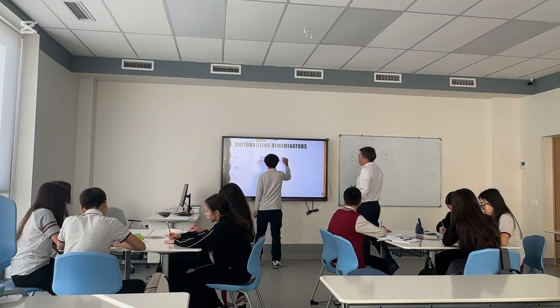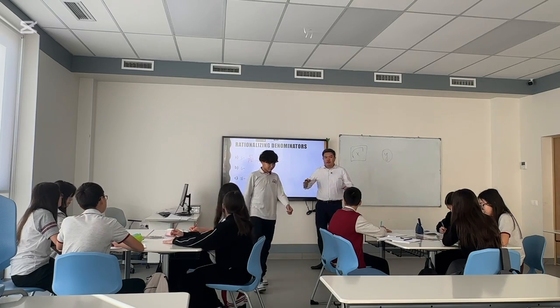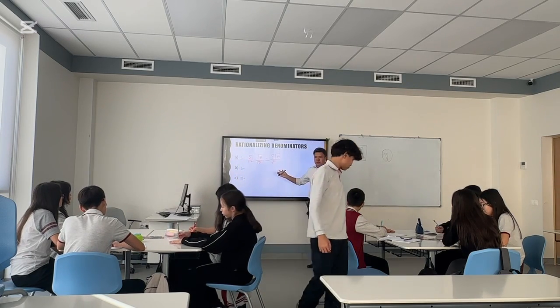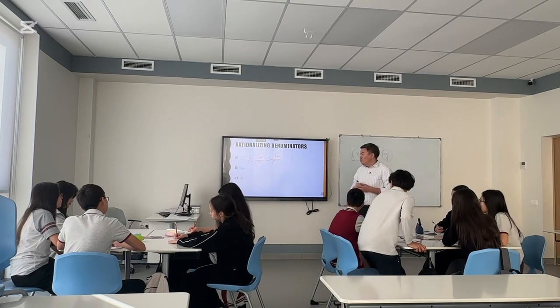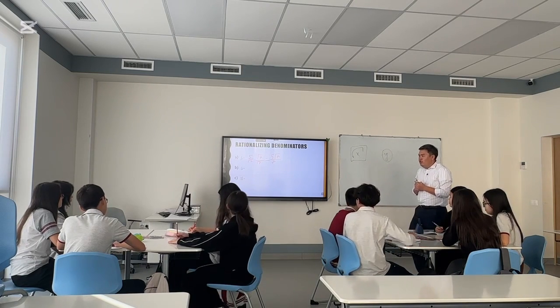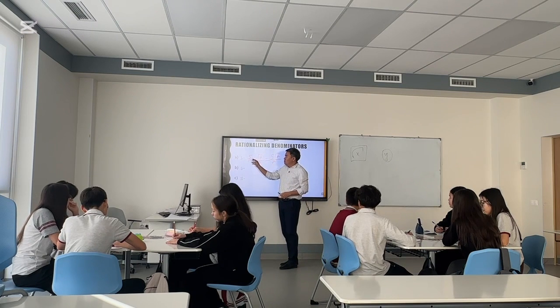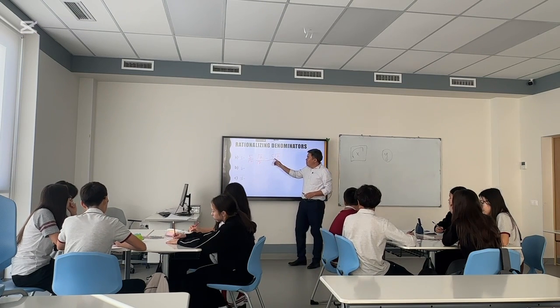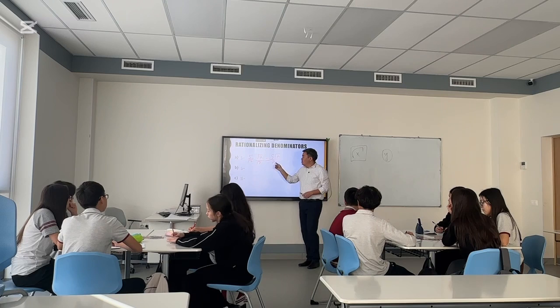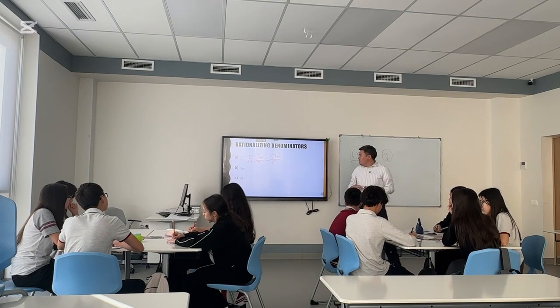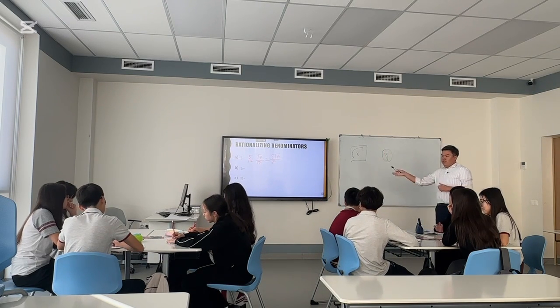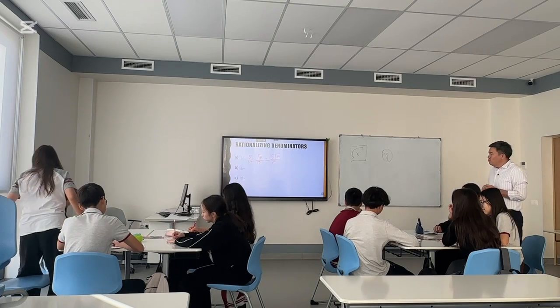Okay, great. Others, do you have questions? Yes, here we multiplied it by root 7 to rationalize the denominator, and he got 5 root 7 over 7. Now, the next question, Gulnur, please come to the board and try to solve it.